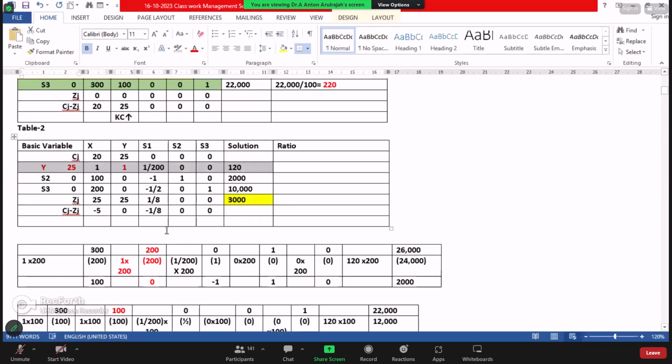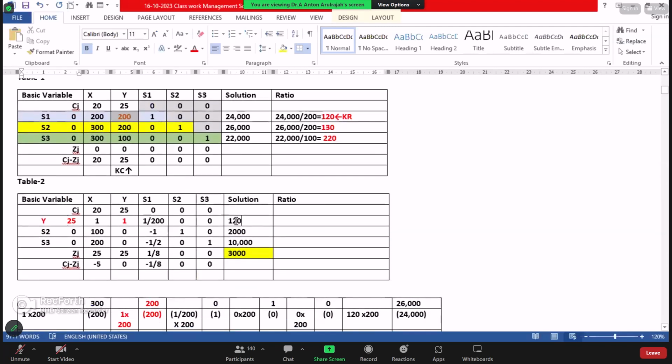We have to produce only 120 units, in which product? Product 2. Because Y is 120 represented.